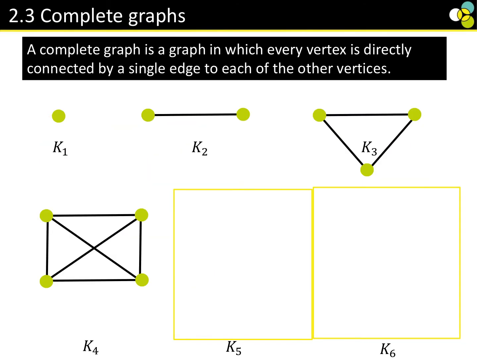Next type of graph is a complete graph. Every vertex is directly connected by a single edge to every other vertex. So we can see here in a triangle, from this vertex we can connect to here, connect here. We call them K3. This is K2, K4, everyone's connected. If we were to draw K5, step 1, we're going to draw 5 vertices.